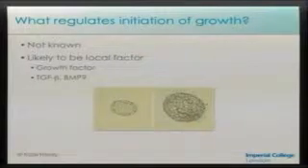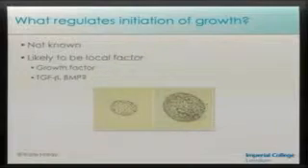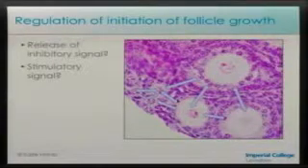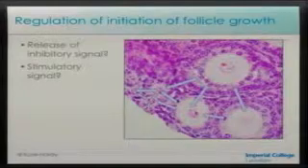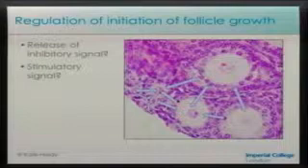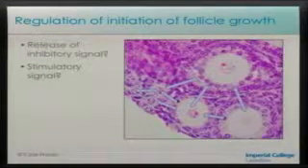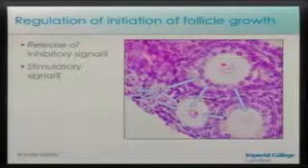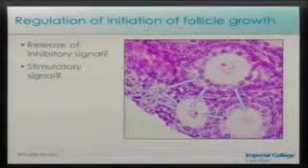It's not known what regulates this process. It's likely to be a local growth factor rather than hormones. We think that it's regulated by neighbouring follicles. So here we know, or there's an increasing amount of evidence, that the follicles themselves produce proteins, growth factors, which diffuse out and influence each other.